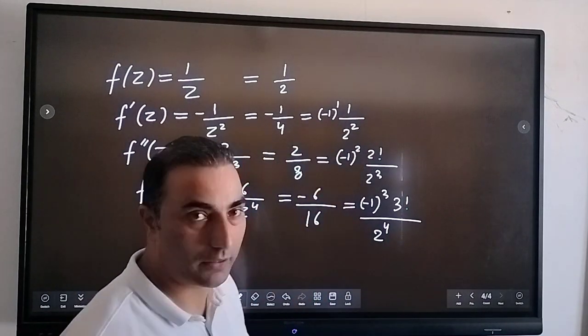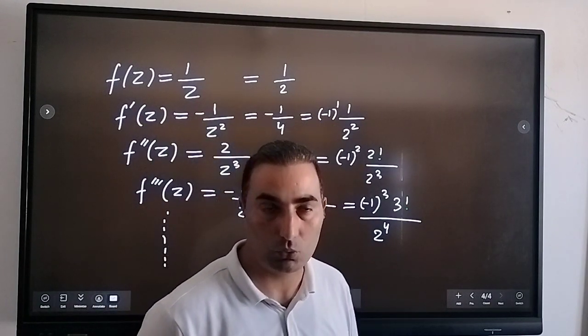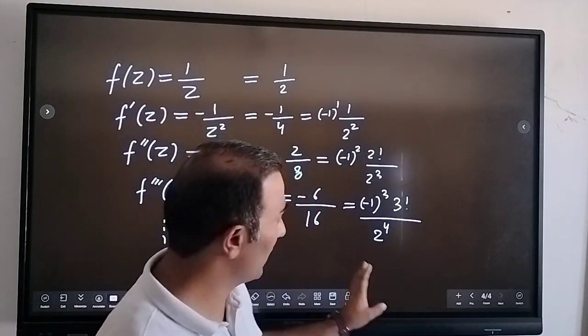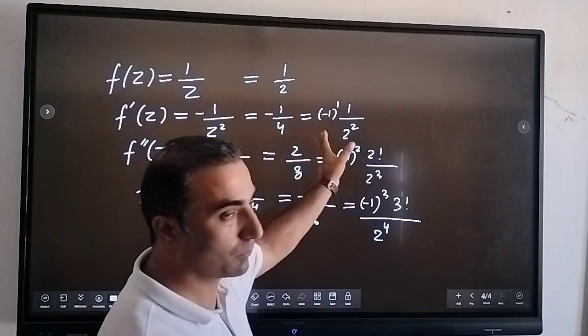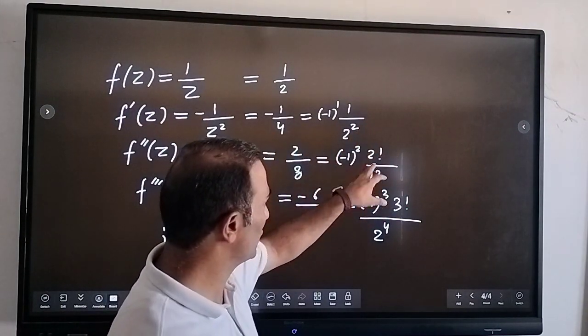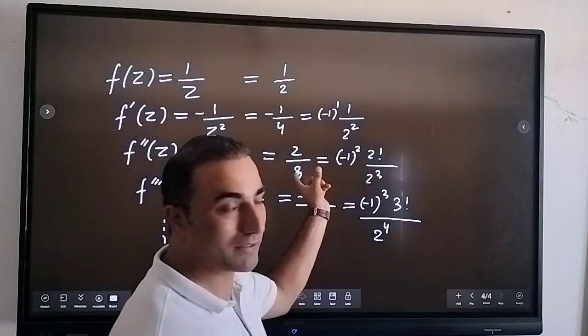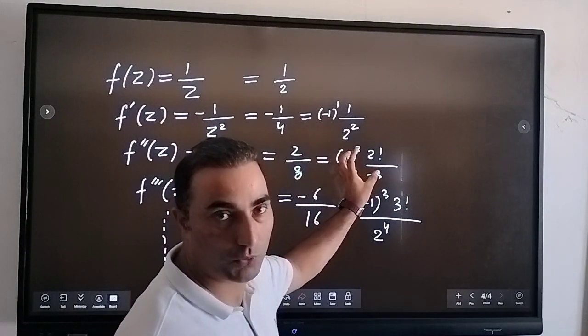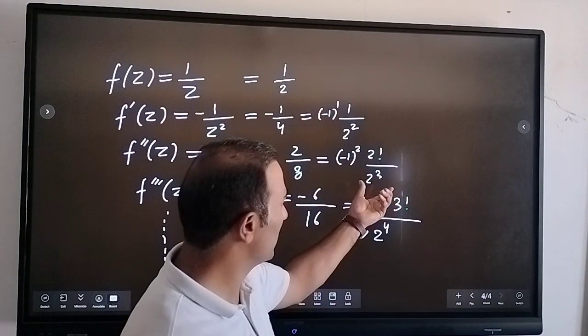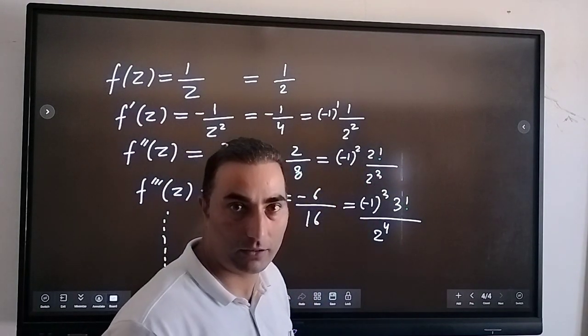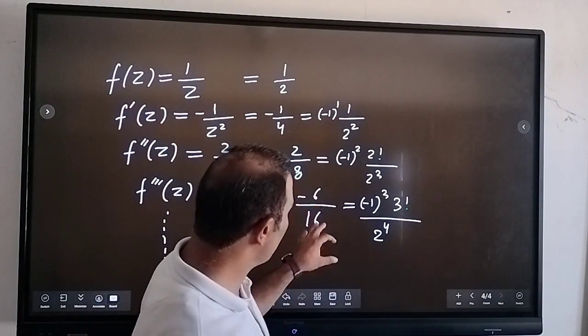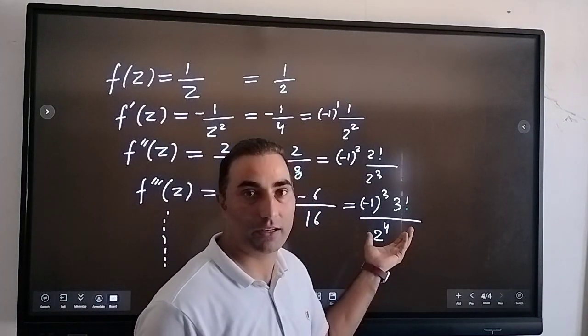So first, by putting f of z at z equal to 2, giving the different values here, I can rearrange it like this. Because we have minus 1 by 4, you can put it as minus 1 raised to power 1, 1 by 2 squared. Similarly, you have the plus, so you can put minus 1 raised to power 2, which gives us a plus value, and this is 2 factorial divided by 2 cubed, because we have 8 here. And similarly, that's minus 6 by 16, you can put minus 1 raised to power 3, and so on.